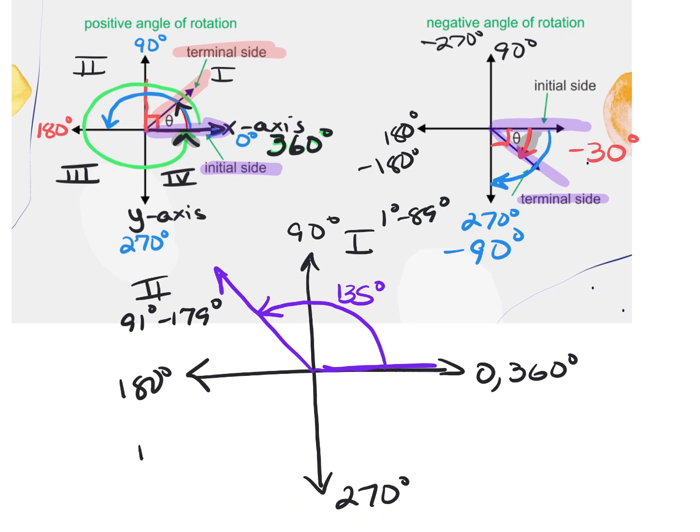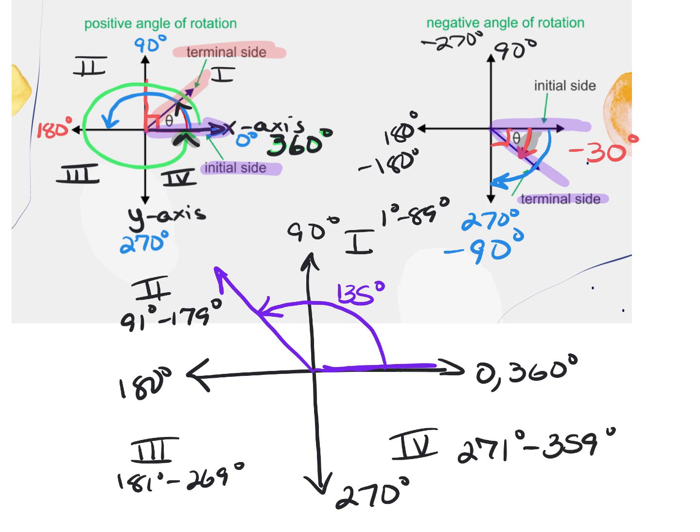In quadrant 3, the angles will be from 181 to 269. And then in quadrant 4, the angle measures are going to be from 271 up to 359. Now we're actually going to graph angles that are larger than 360 because we're going to be swirling around and making larger and larger angles.